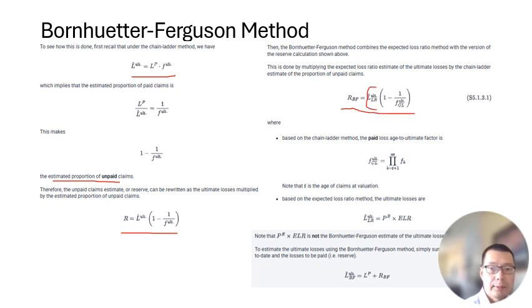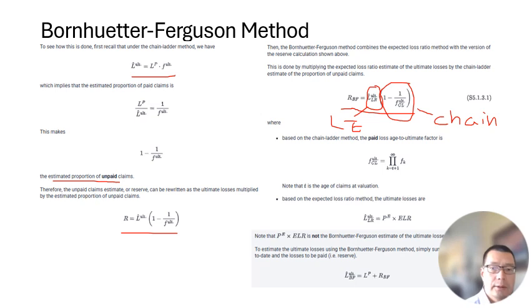The first part, the ultimate loss, is based on the ELR, the expected loss ratio. The second part is based on the chain ladder method. So it's a combination. For the second part, you derive the ultimate factor from the chain ladder method. The first part, you derive from the expected loss ratio method. Then your reserve is just a multiple of these two.